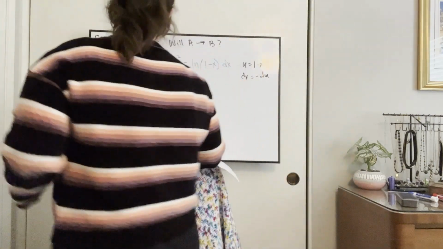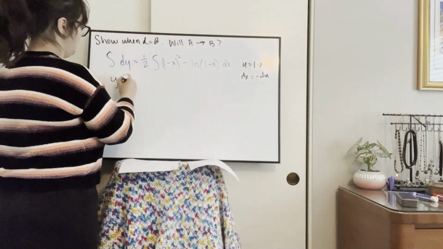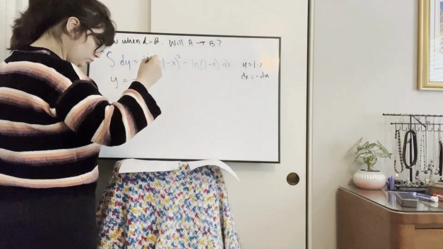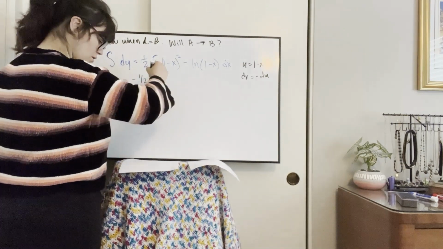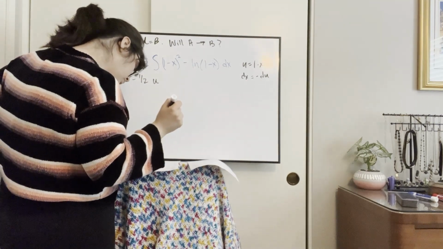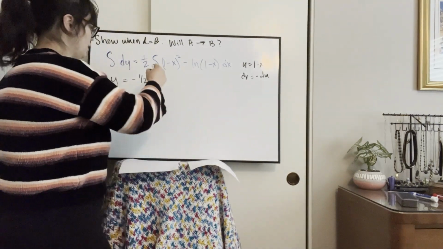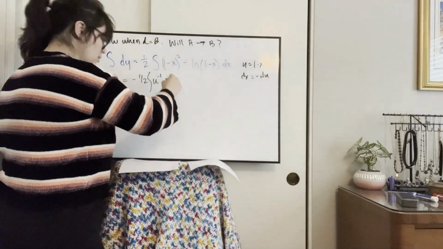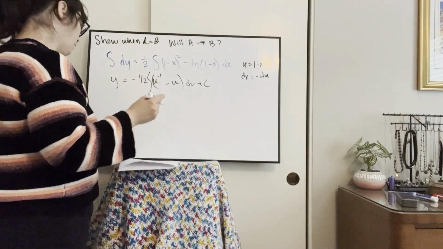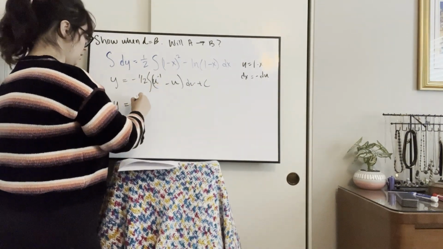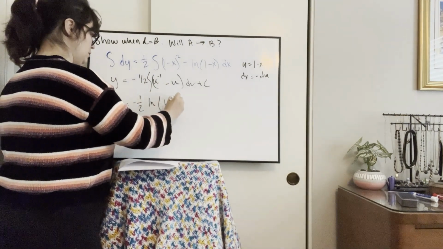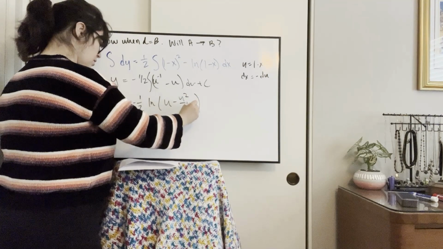So we're going to have y equals negative 1/2, and then it's going to be negative 1/2 u to negative 1 minus u, du plus c. All right, and then from there, we're going to have y equal to negative 1/2 the natural log of u minus u squared over 2 plus c.